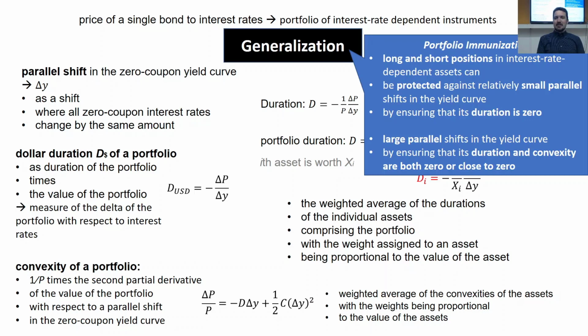Practically we have to buy and sell assets to create a portfolio until we can say that the weighted portfolio duration will be zero, and also to avoid large parallel shifts in the yield curve, we have to create a portfolio where the convexity is also zero. So okay, good luck with that.